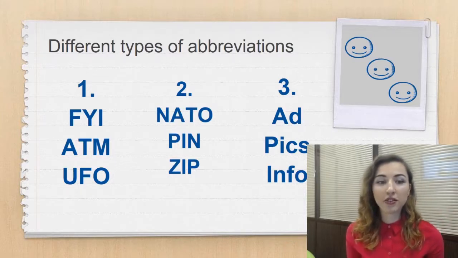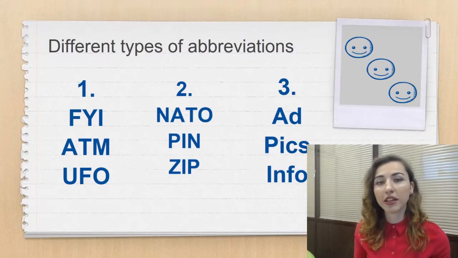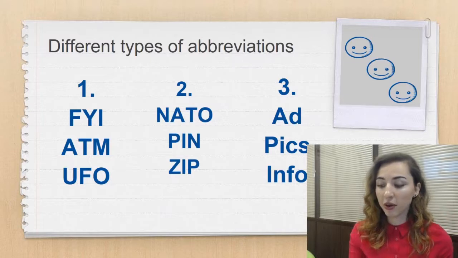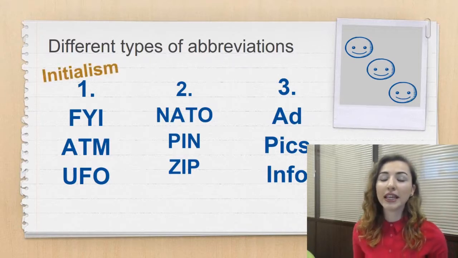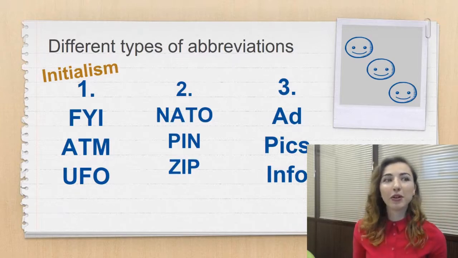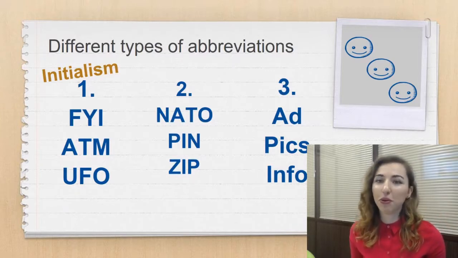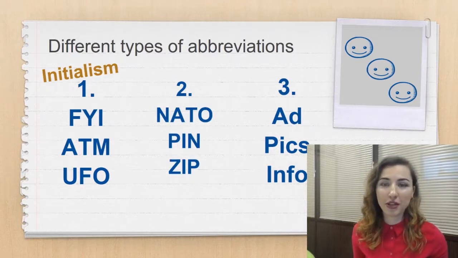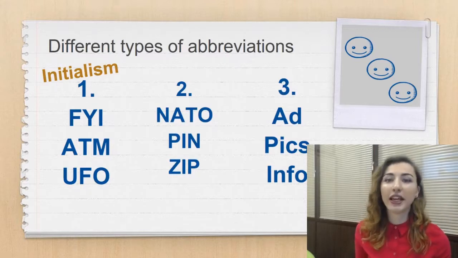So we're saying FYI, we're not saying it as the whole word. This is why this kind of abbreviation is called initialism. Yeah, I know, what a term. I will do my best not to bore you with linguistic terminology, but this is just for your general information. FYI, this is called initialism.